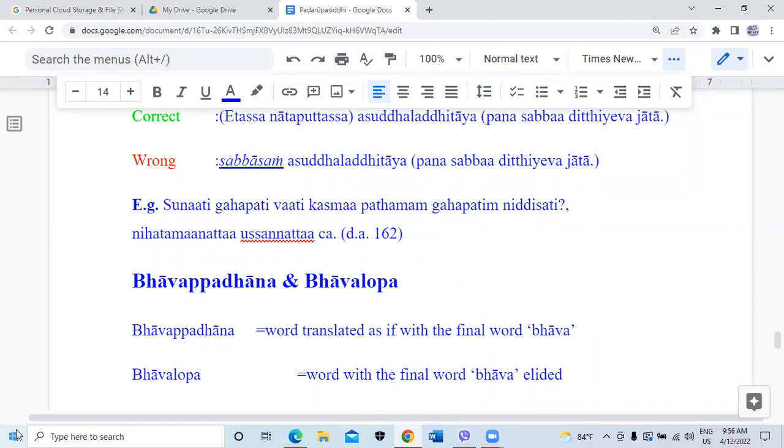Okay. But then if that's the case, Osanatta is like abundant because of the state of being abundant of what? Of Gahapati? Usanata Habati.